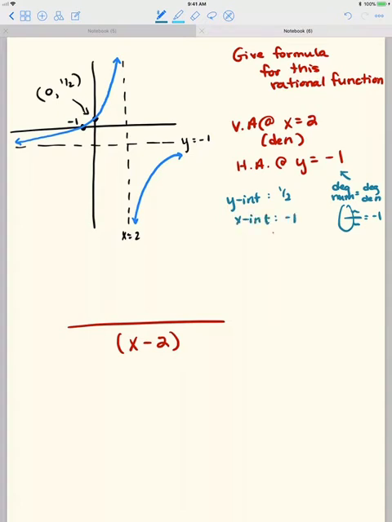So the x-intercept at -1, that's your 0. So that means we're going to have an x plus 1 in the numerator. So we have that picture going on. And the only other thing that we need to make sure that we satisfy is that the y-intercept be +1/2, and we have that horizontal asymptote at -1.